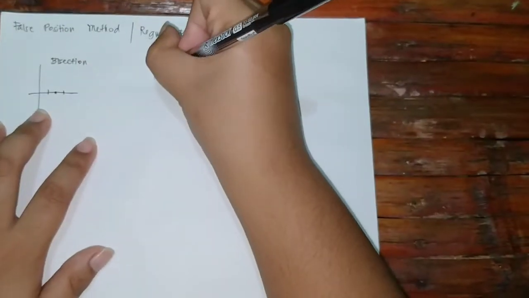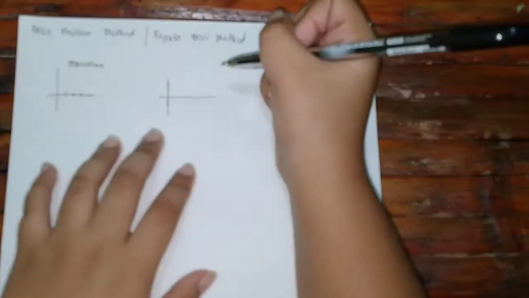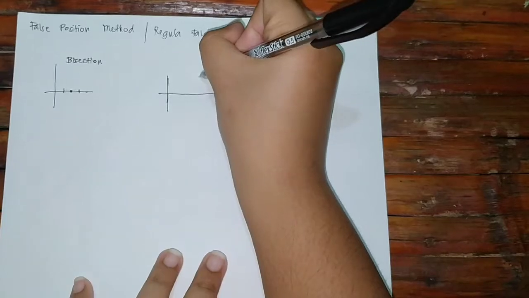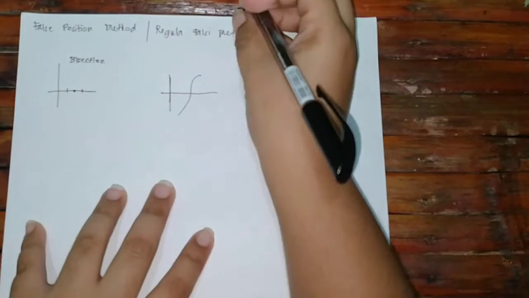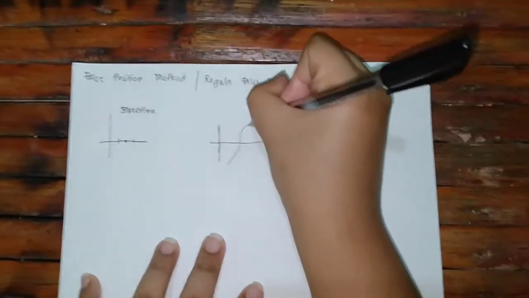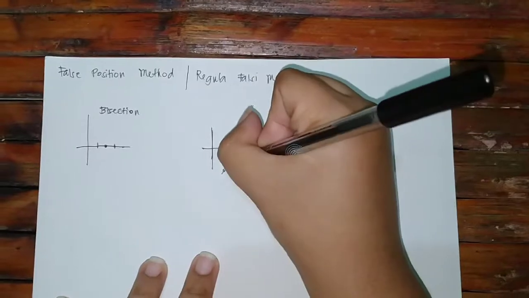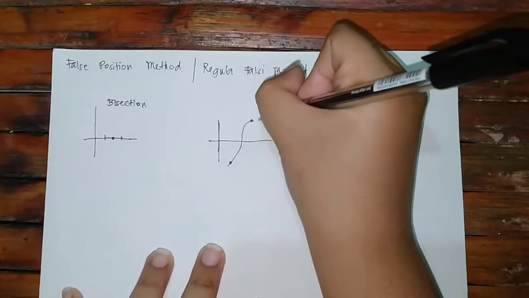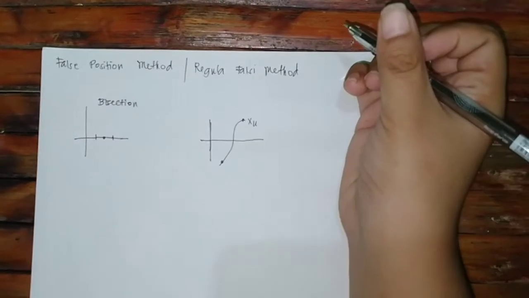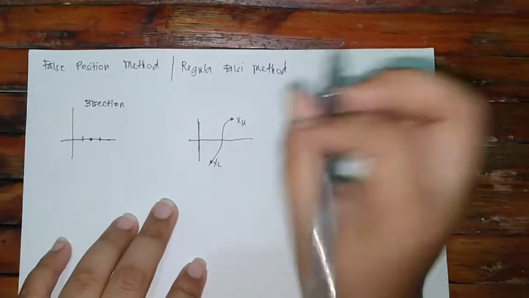While in the regula falsi method, we have a certain curve in which we're going to connect those points of the curve into a straight line, where this is the x of u, the upper, and then the x of l, the lower.